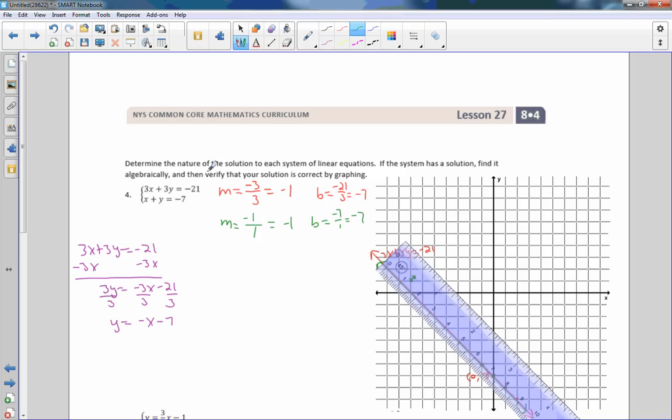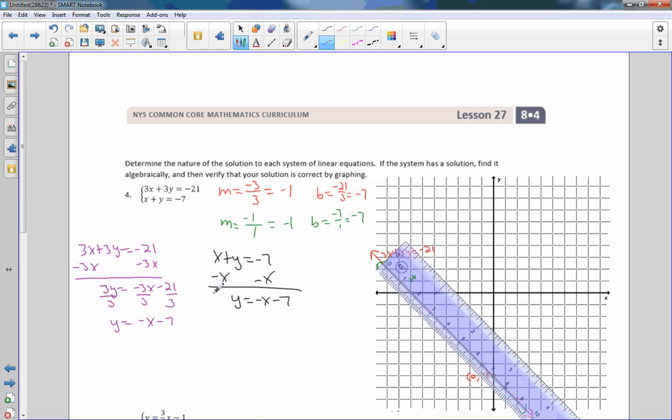So if I do the same for this one, x plus y equals negative 7. Subtract x to get y by itself, and I get y equals negative x minus 7. So when I take those two equations and set them equal to each other, because if two things are equal to the same thing, they're equal to each other. That's the transitive property.